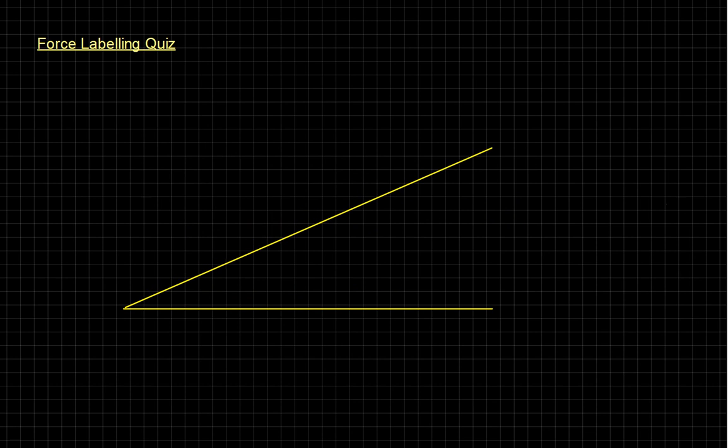So let's switch to yellow. Let's say an inclined plane, and just draw the kind of classic situation that you might have. So in this case, we've got an inclined plane.